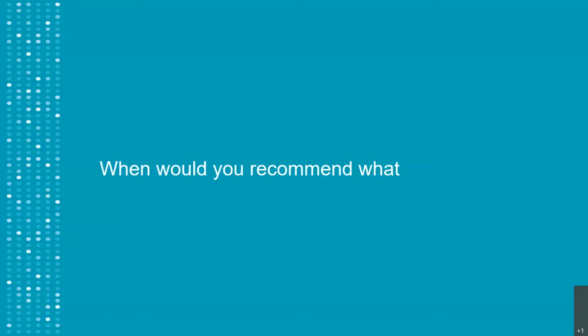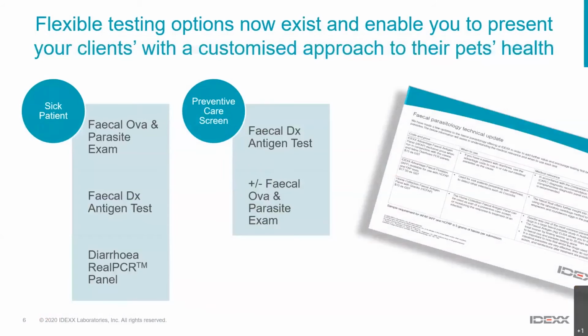So the question is, what do we recommend at what time? In sick patients, we need to be a little bit more extensive with what we do, and we have the flexibility to pick and choose the tests. As I said before, in an unwell patient with gastrointestinal signs, fecal parasitology is very important. We can do the fecal ova and parasite exam in the lab.